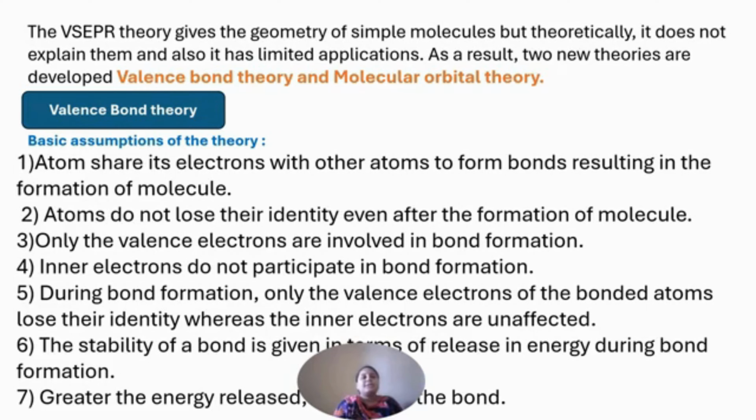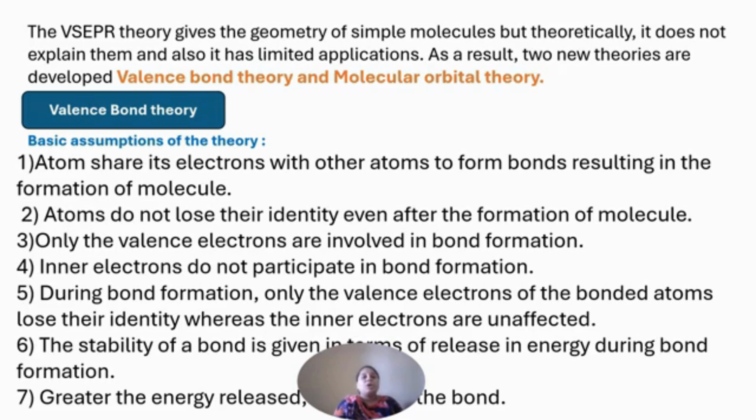Atoms can share their electrons with other atoms to form bonds, which results in the formation of a molecule. And the atoms do not lose their identity even after the formation of the molecule. Only the valence electrons are involved in bond formation.